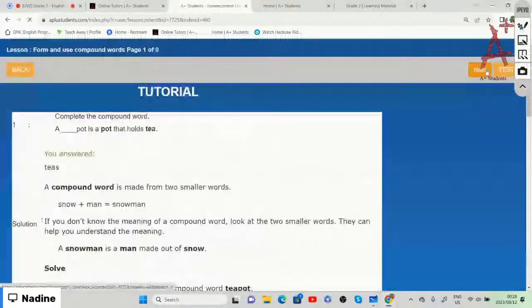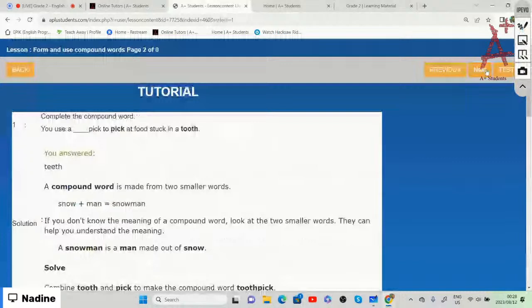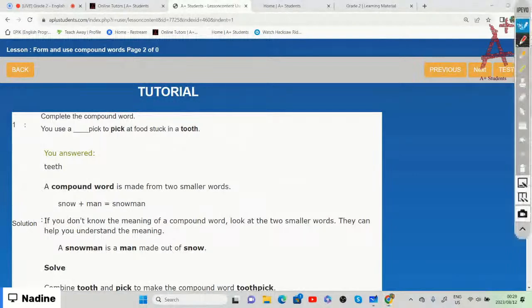All right, let's do a few more examples, a few more sentences. You use a pick to pick at food stuck in your tooth. So if we combine these two words, tooth and pick, then we will have toothpick, right?